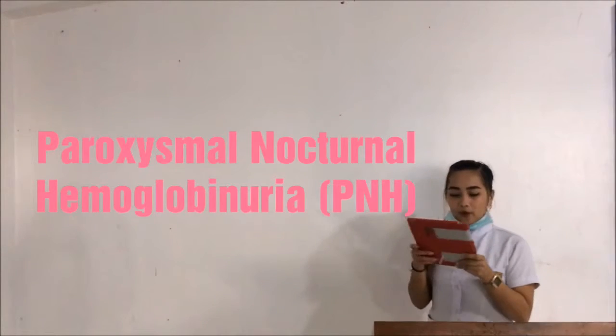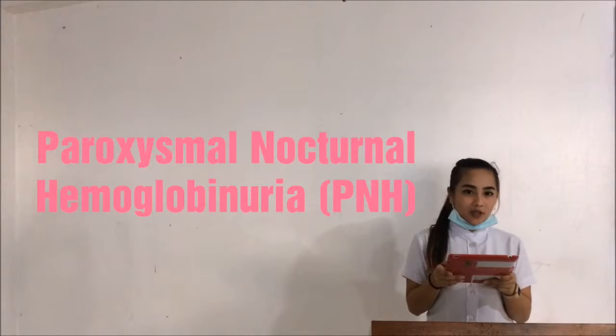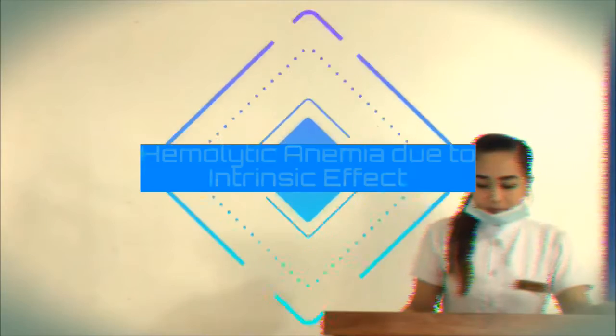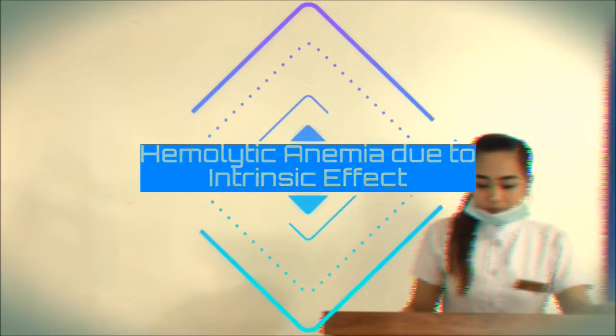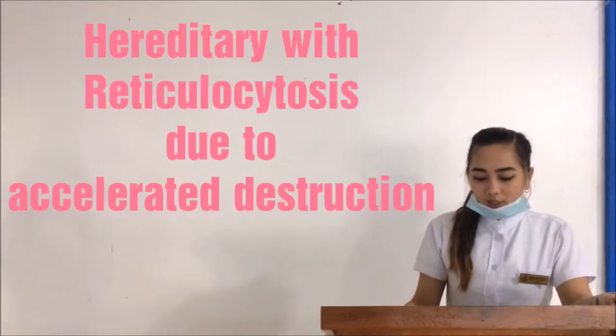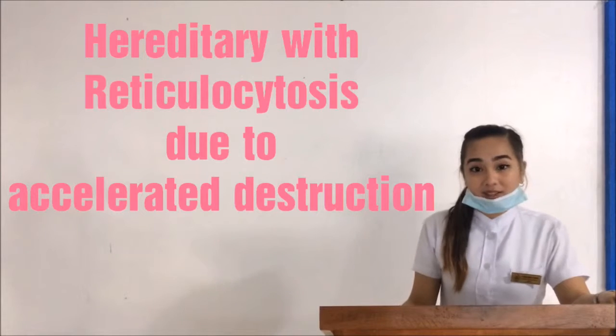And last is PNH or paroxysmal nocturnal hemoglobinuria. These are the hemolytic anemias due to intrinsic defects. This anemia is usually hereditary with reticulocytosis due to accelerated destruction.